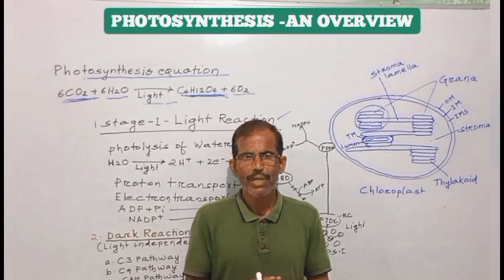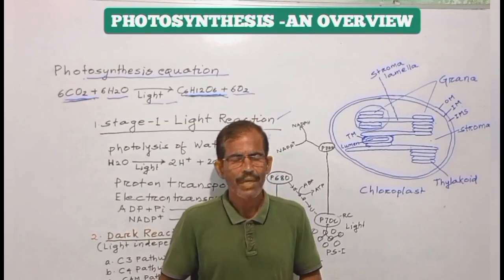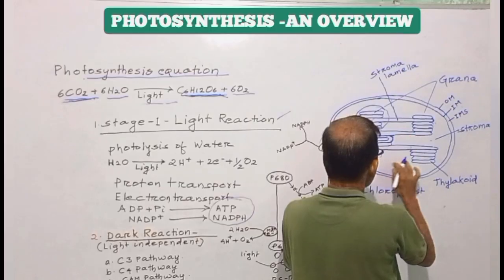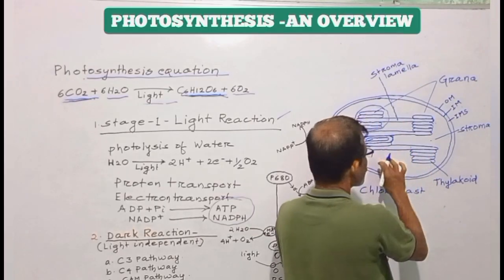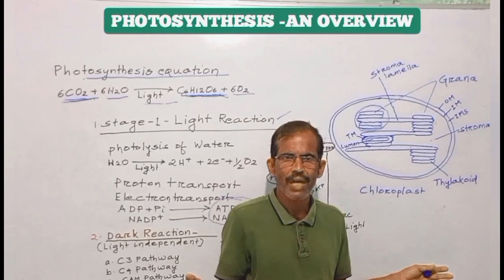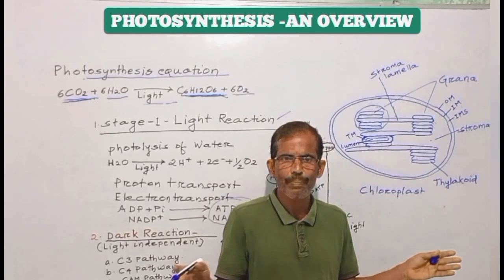So the thylakoid membrane is involved in light reaction. In addition to this, these two membranes enclose a fluid matrix known as stroma. Stroma contains all enzymes of the dark reaction and several other components.